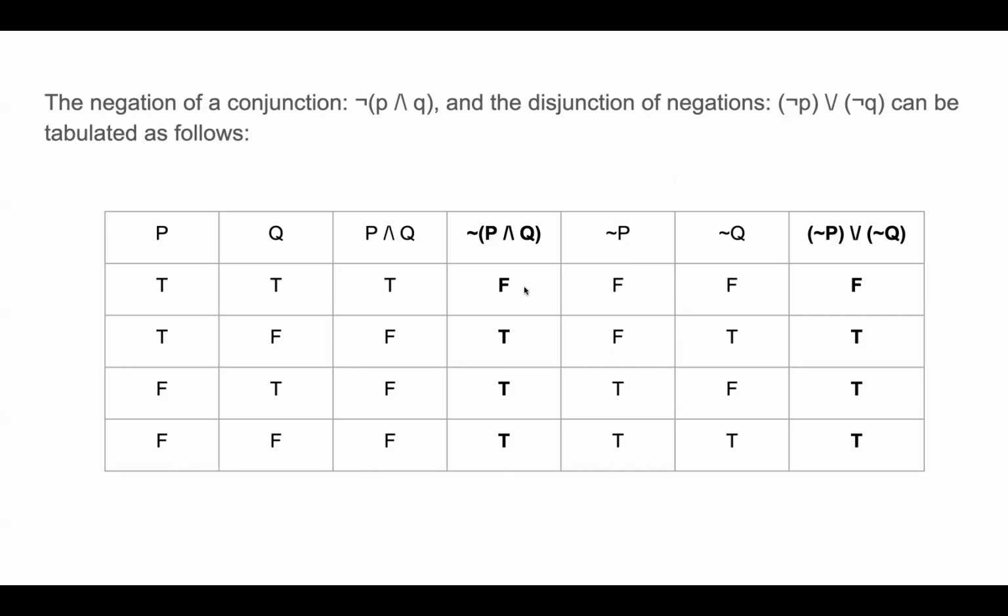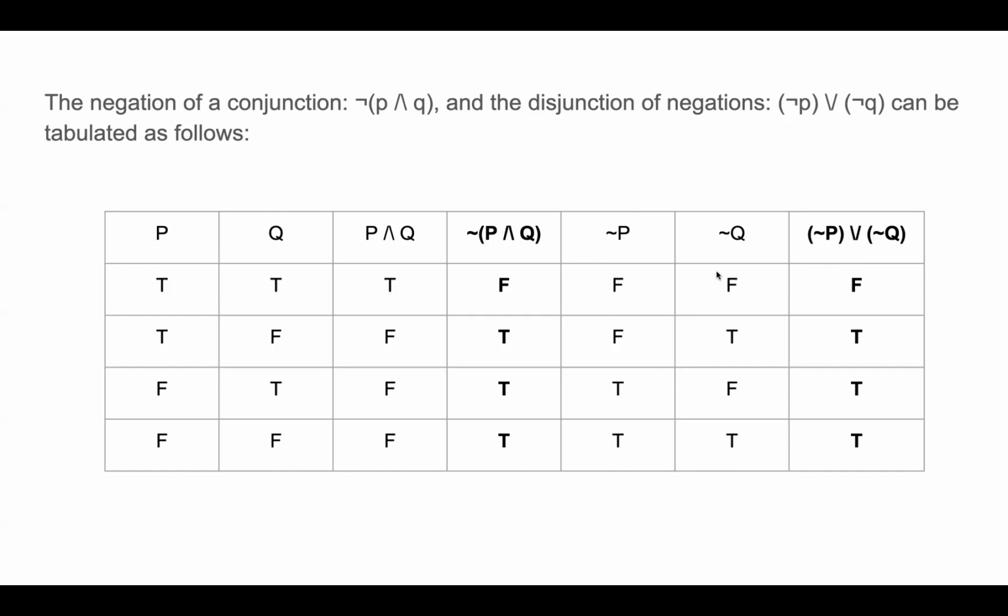If both are false, what will be there in the negation P or negation Q column? It will be false here.